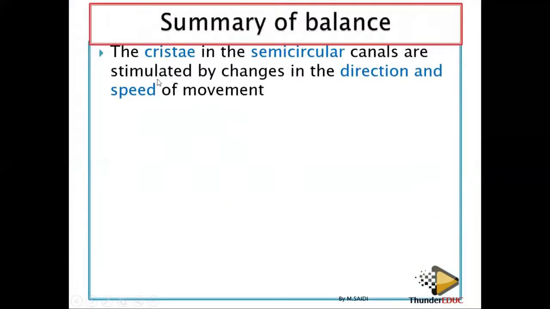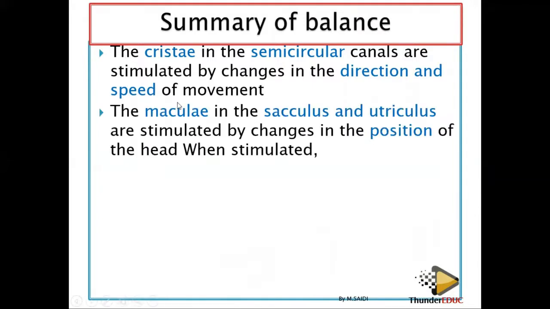So, summary of balance. That is what I've been trying to explain. The cristae in the semicircular canals are stimulated by change in the speed and direction of movement. The maculae in the sacculus and utriculus are stimulated by change in the position of the head.